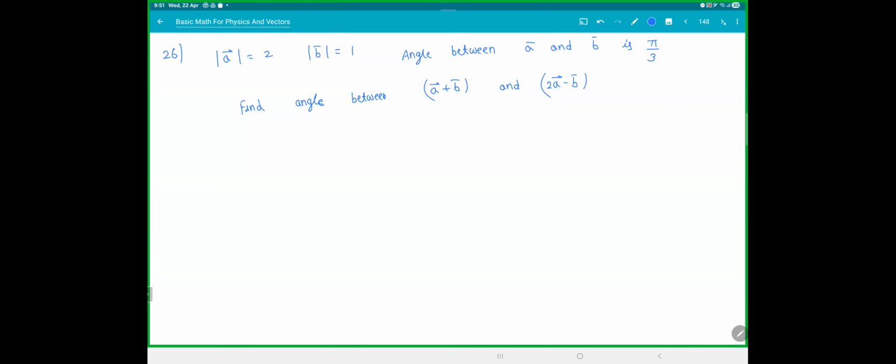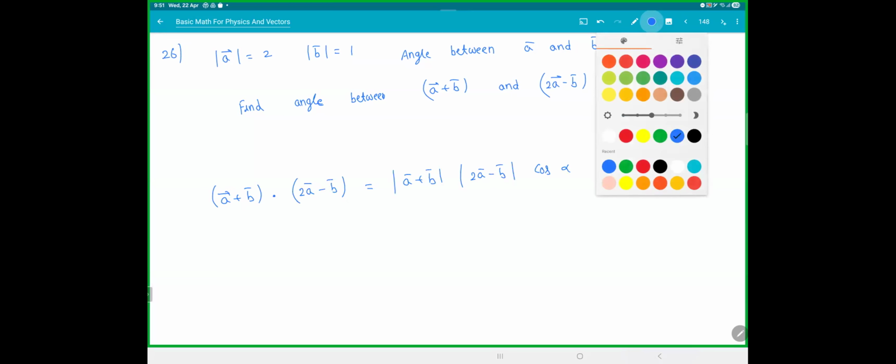Okay, let's see. Again, how do you find the angle between two vectors? We use the dot product, right? So think of it like this. A plus B bar dot 2A minus B bar must be equal to mod A plus B times mod 2A minus B cos alpha.